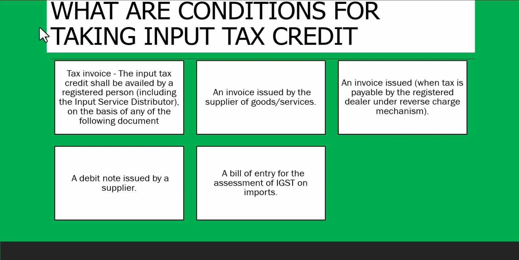A bill of entry is basically a document which an importer needs to file with the customs authorities whenever the goods arrive at Bombay Customs Port or Calcutta Customs Port or any seaport.